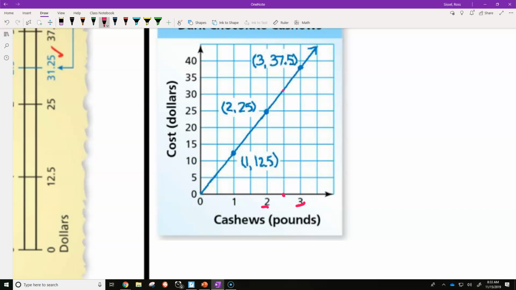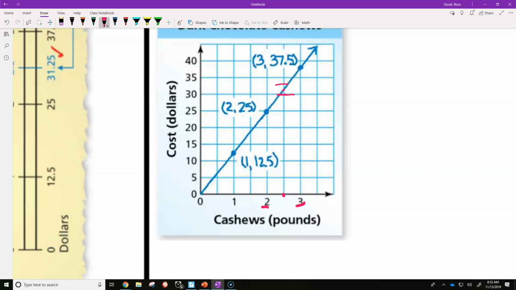Now, is that on $30? No, there's $30 right there. We're actually just above $30. Is it going to be $35? No. Halfway between 30 and 35 is $32.50. Are we even at halfway? No, that's about halfway. We're about halfway of halfway. $31. Yeah, we're probably at $31.